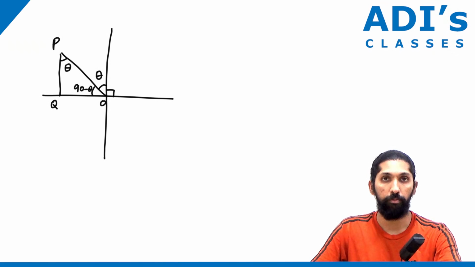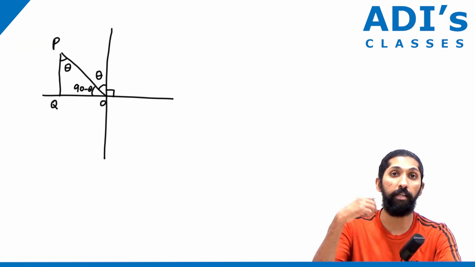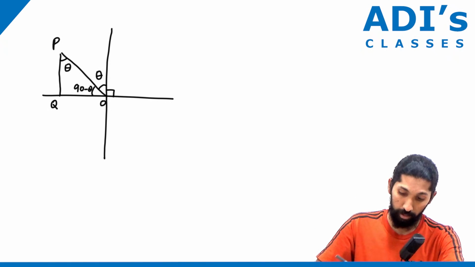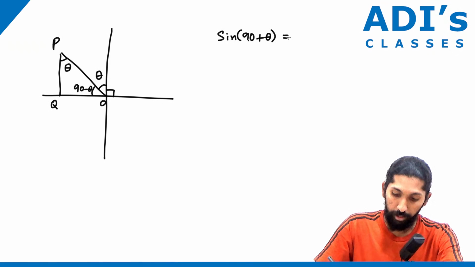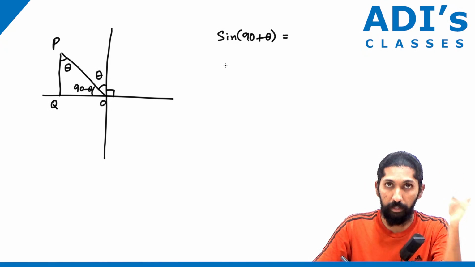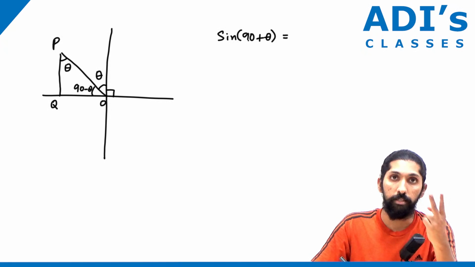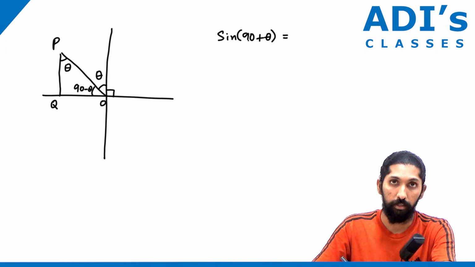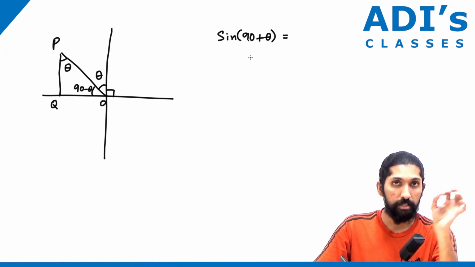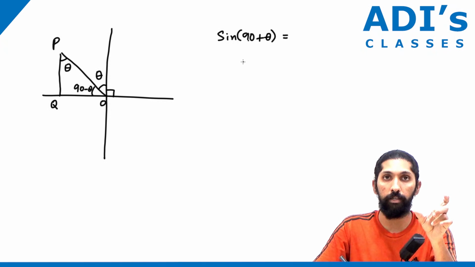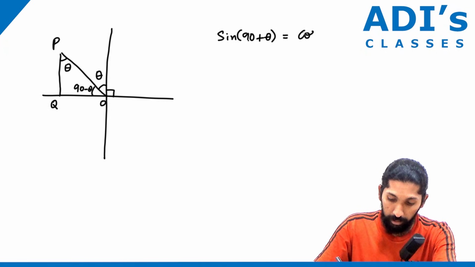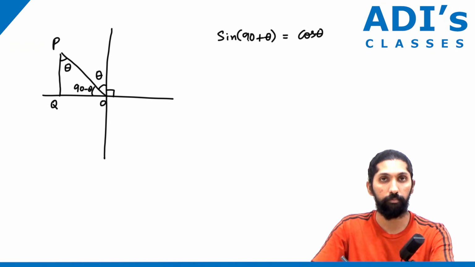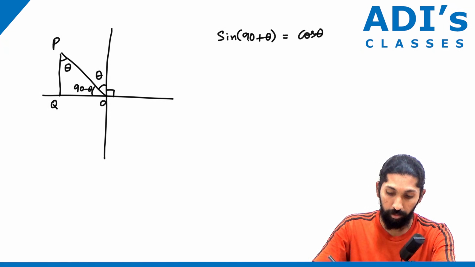Now what do we do? If you have to calculate sine of 90 plus theta, one thing: 90 plus is in which quadrant? Second quadrant, correct? Since it's in the second quadrant, sine is going to be positive. Sine of 90 plus theta will give us cos theta.